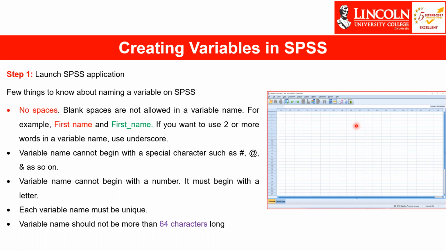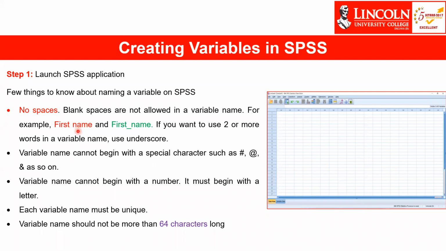One of the conditions that you have to maintain is no spaces in your variable name. Spaces are not allowed in a variable name. For example, if you have two words that you want to join together to make a variable name, like first name, last name, city name, or maybe phone number, you cannot put a space between the two words because blank spaces are not allowed in a variable name.